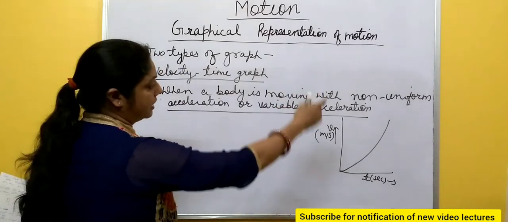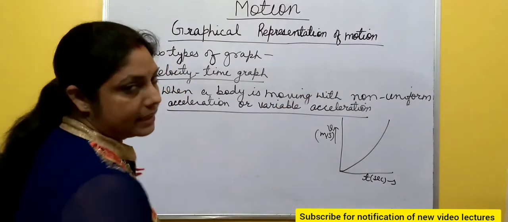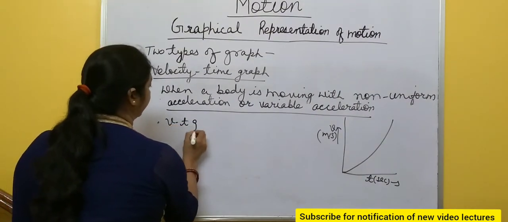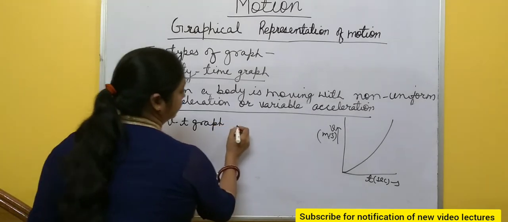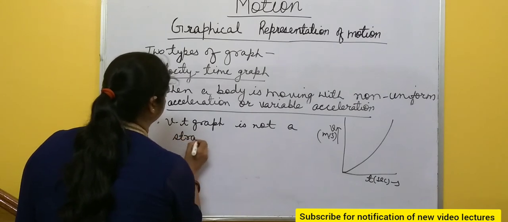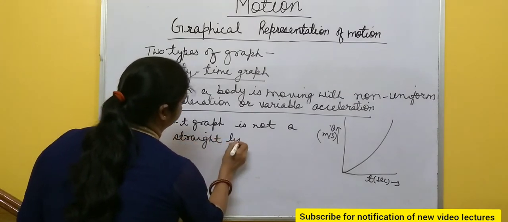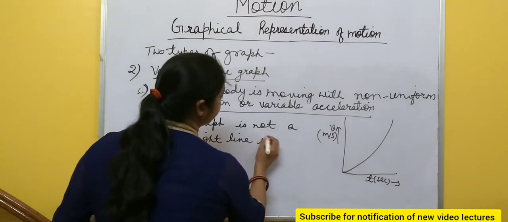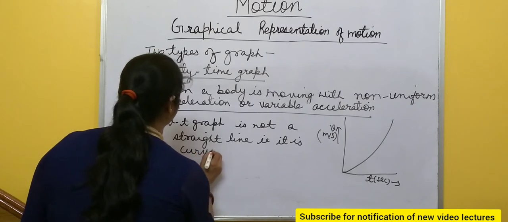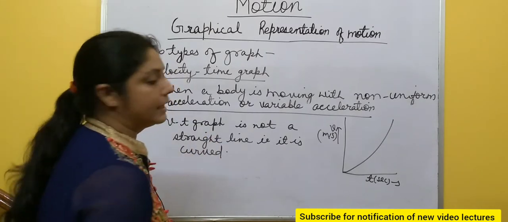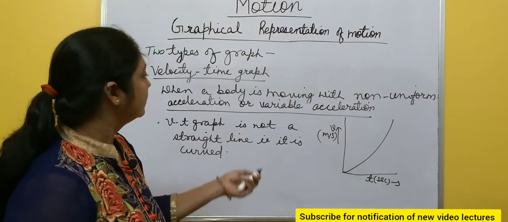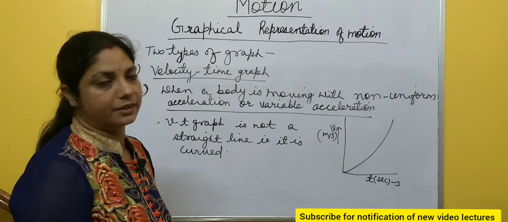So this is the case for non-uniform acceleration, right? In this case you can write that the velocity time graph is not a straight line, it is a curve. It shows non-uniform acceleration. In this way, we can draw the graph for non-uniform acceleration.